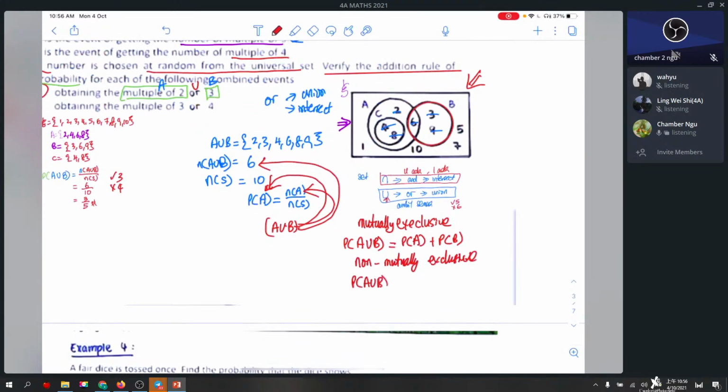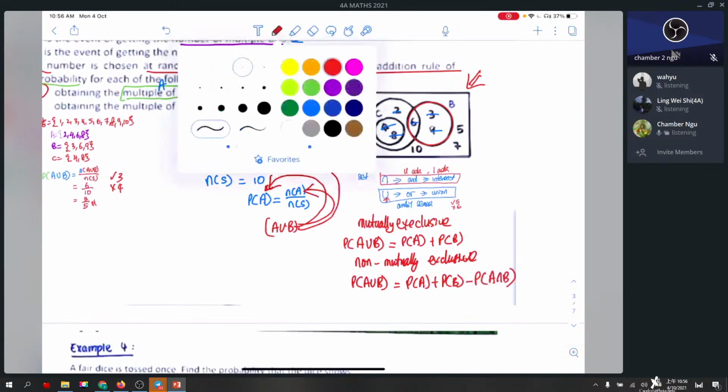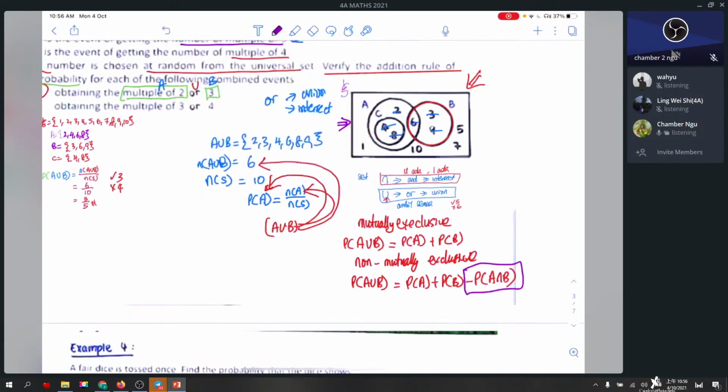Kalau non mutually exclusive, as long as we can prove or we get the answer of probability of A plus B minus A intersect B. Beza dua itu hanyalah ini. Kalau ini maksudnya dia ada intersect. Ini tak ada intersect. This one ada intersect. Maksudnya persilangan.